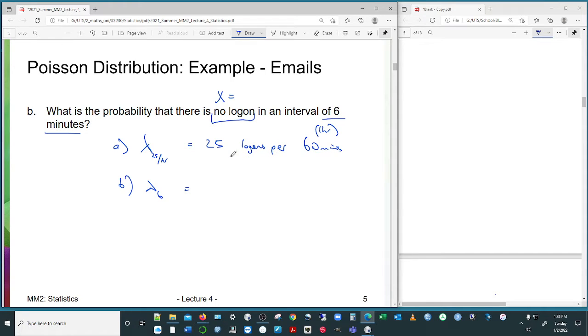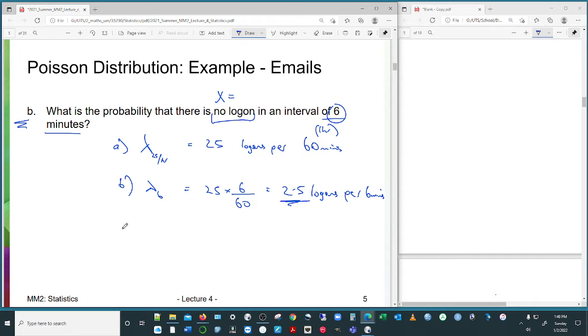Where we've got 25 per 60 minutes, we want a fraction of the 60 minutes. We only want 6/60ths. So that's our proportion, and we're going to multiply that by 25. When you do the sum, you'll get 2.5 logons per 6 minutes. So we've got to use the new lambda in this particular question.